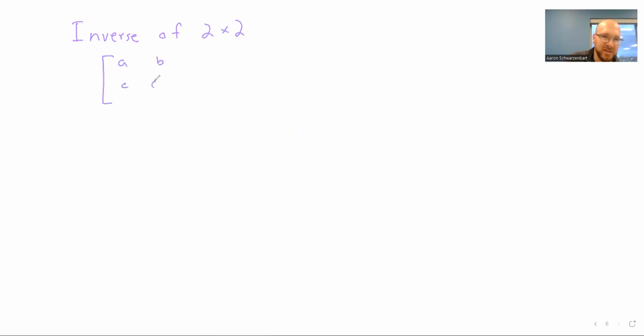So here is my matrix. We'll call it A. We use capital A a lot for matrices. A inverse takes this thing we call the determinant. It has several applications, but it takes AD minus BC, and it's a single number.